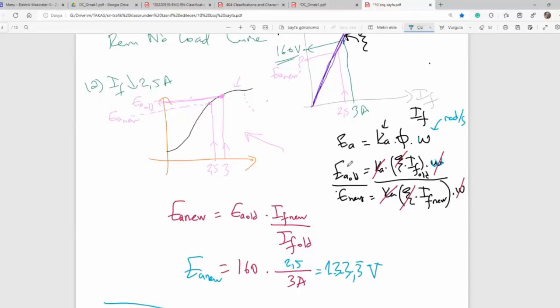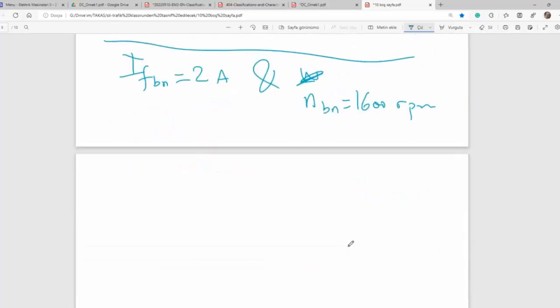Angular speed of the shaft is equal to 2 pi n over 60, where n is RPM and the result is radians per second. In case you need it, you can use that relation.